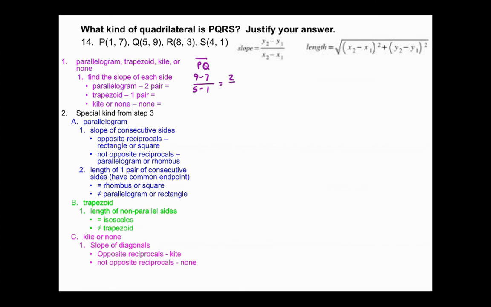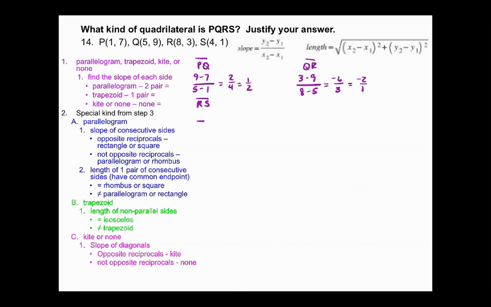So this is going to be 2 over 4 to get 1/2. Then we do QR. So this is going to be 3 minus 9 over 8 minus 5. So this is negative 6 over 3 to get negative 2 over 1 or negative 2.